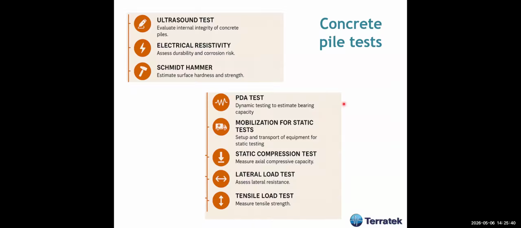And then once the pile is installed, you can do a dynamic pile test. We're going to talk about that. Mobilization for a static compression test is absolutely necessary. Lateral load test if you have high lateral loads, and tensile load test if you have, of course, tensile design loads.